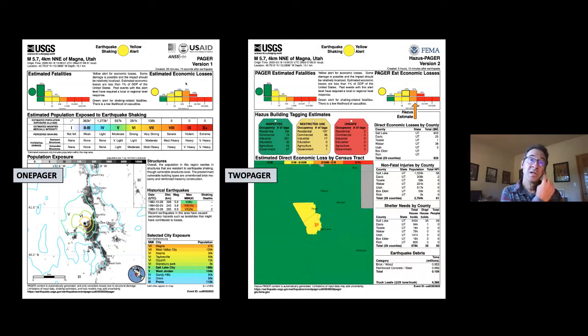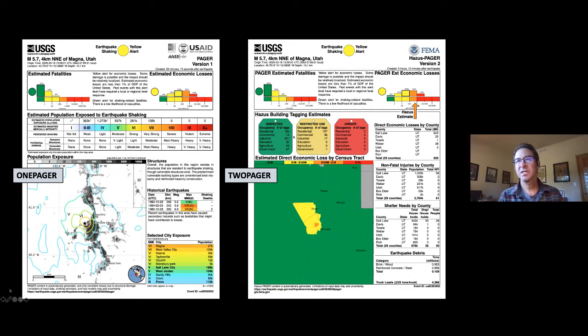We've actually developed a new tool that's working only in the United States, but we hope to bring it to the rest of the world. We call that the TwoPager. With enough information about the inventory of structures and their vulnerabilities, we can go beyond just providing the overall estimate of economic losses and fatalities to provide estimates of the building damage.